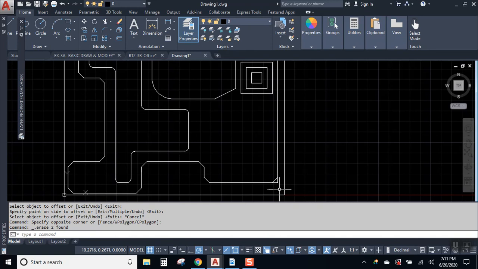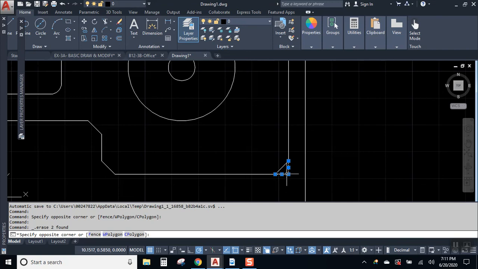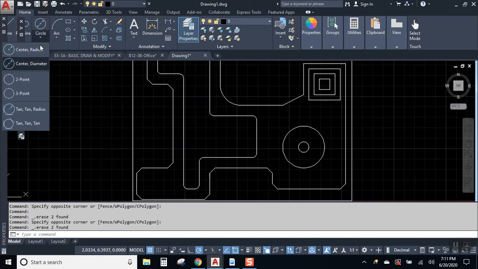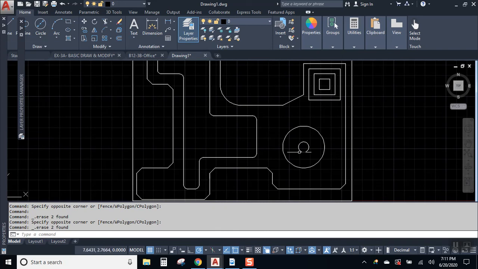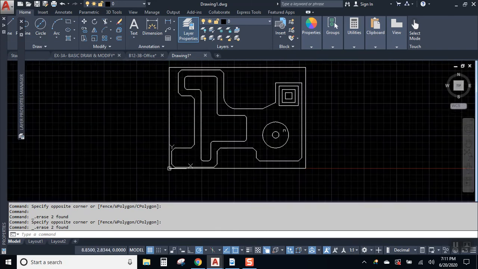So I'll let you decide how you want to do it, and we just want it in the right place and the right sizes. And voila, there it is. So make sure that you use the diameters. So that'll be the circle center diameter tool. Otherwise your circles will be way too big. And this is it. Figure is finished, right?